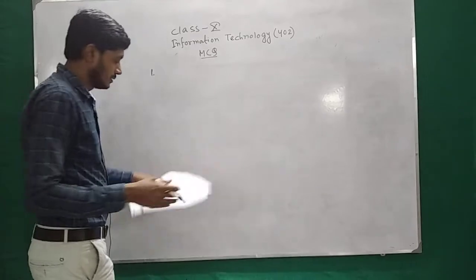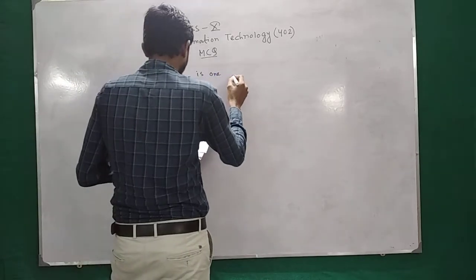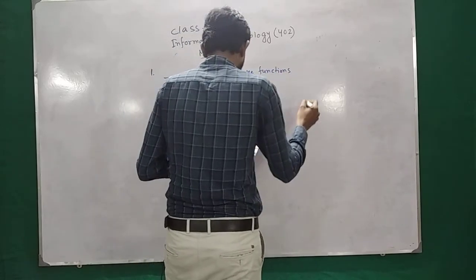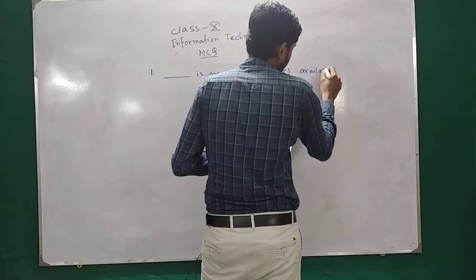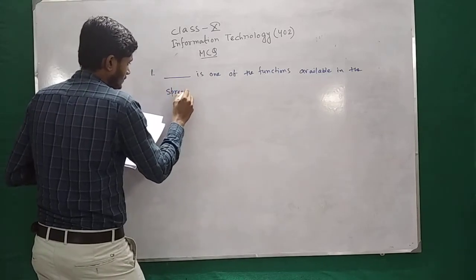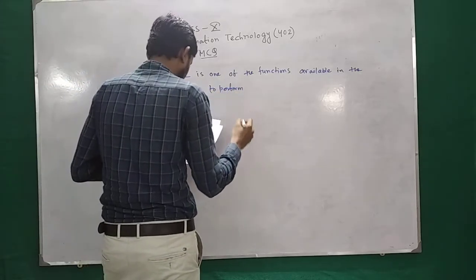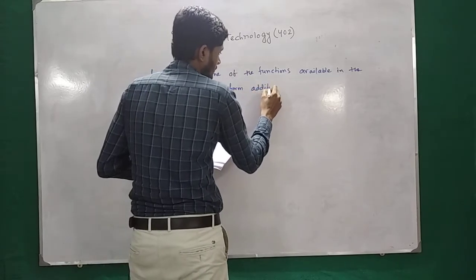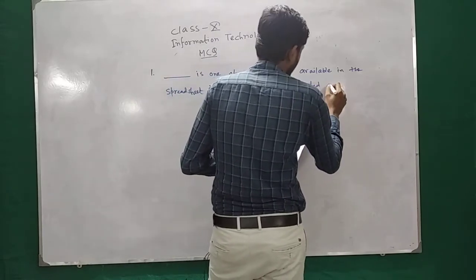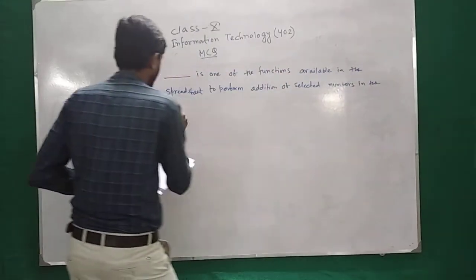The question number 1 is: dash is one of the functions available in the spreadsheet to perform addition of selected numbers in the sheet.